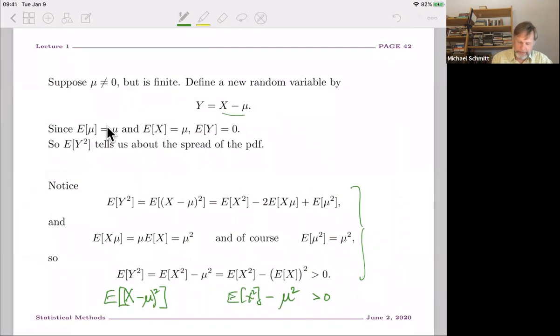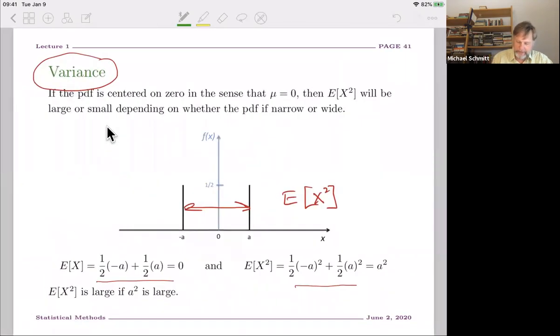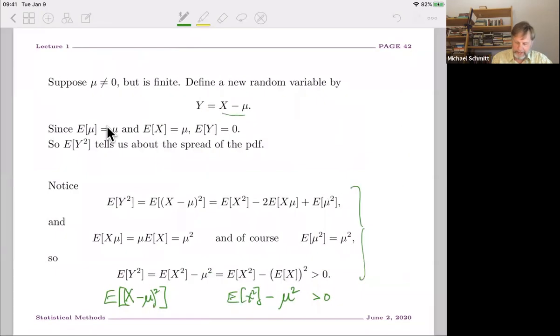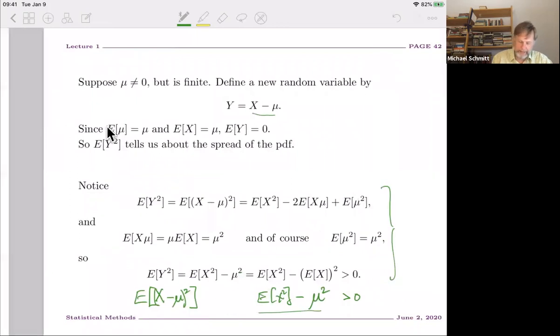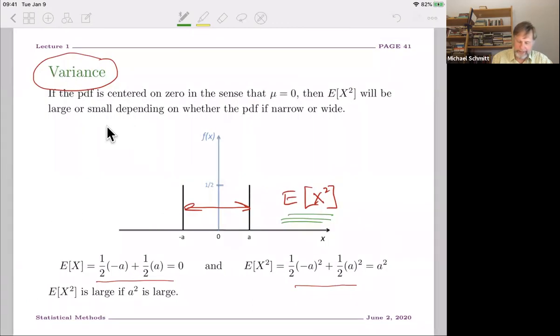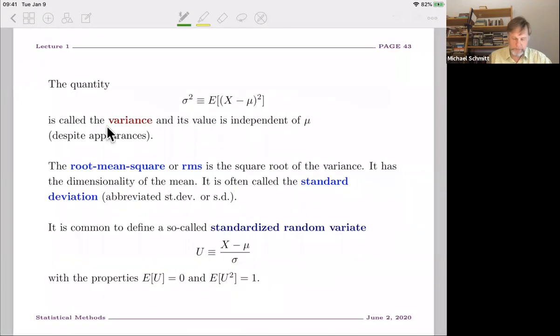Okay, so again, this expectation value tells you something about how spread out things are, and you can see a way of calculating it, basically subtracting off the mean so that it only pertains to how spread out it is. Okay, so this quantity is known as the variance. It's written as sigma squared.